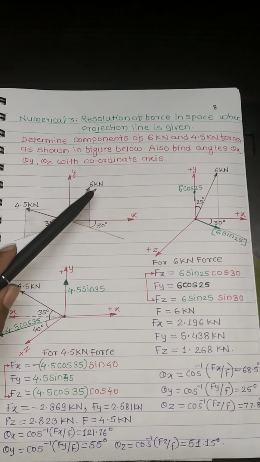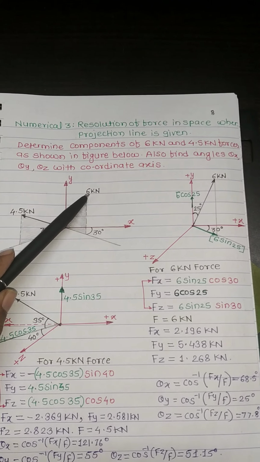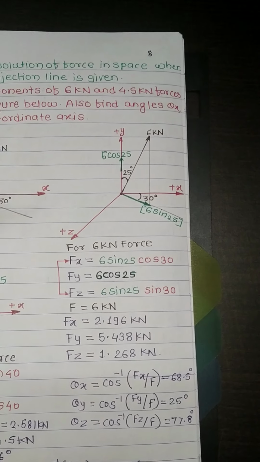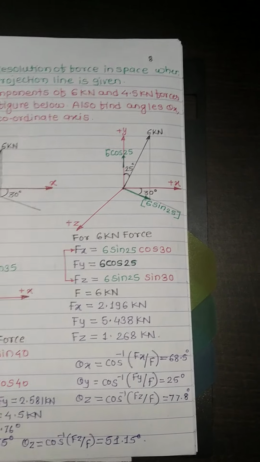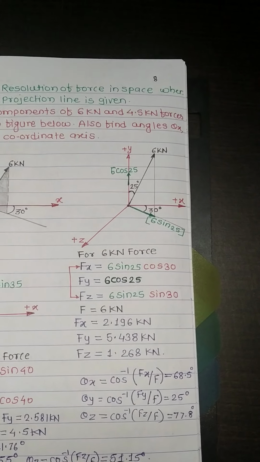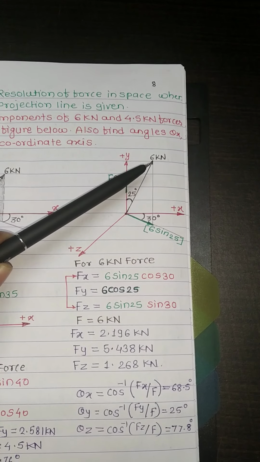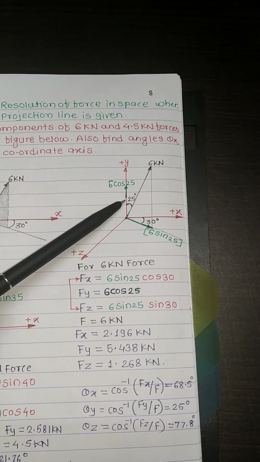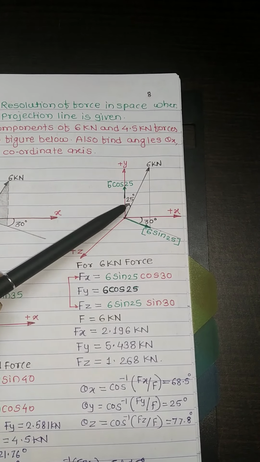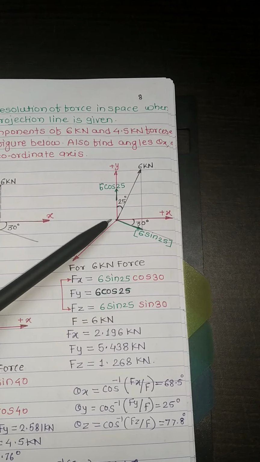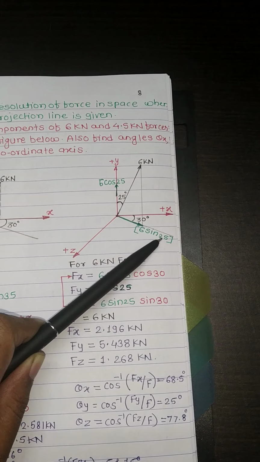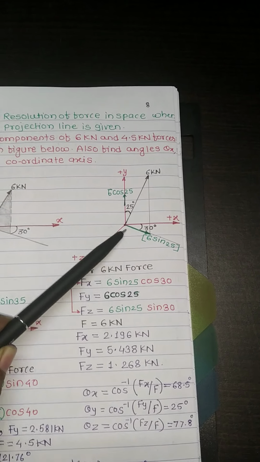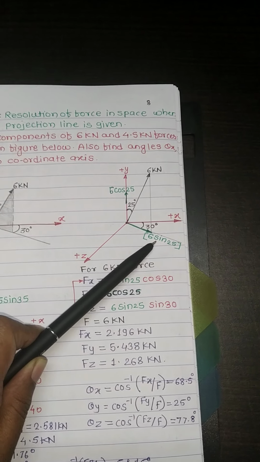So separately if I draw a sketch of the 6 kN force, then you can observe its diagram here. And now you can see how I have defined the components. 3 points you have to ask yourself. The very first point you have to see is which axis the 6 kN force has made an angle with. The 6 kN force has made an angle with the y-axis, it is 25 degrees. The line perpendicular to the y-axis here is the projection line. So accordingly, the cos component is along the y-axis and the sin component of 6 kN is along the projection line.